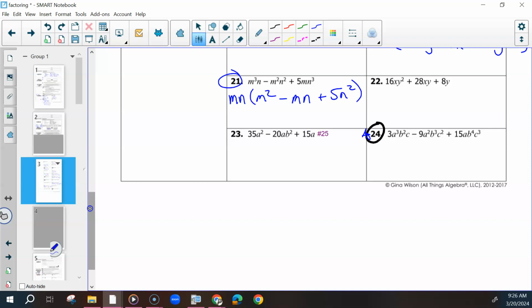Okay, and the last one, what would that GCF be? 3. What variables, how many of each? One A. Okay, B squared and 1C.